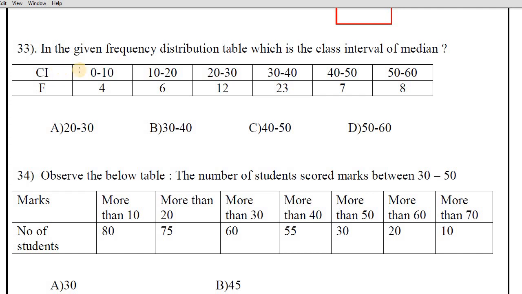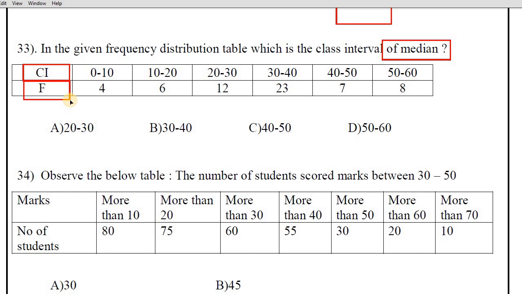Question number 33, children. In the given frequency distribution table, which is the class interval of the median? We need to find the class interval of the median. The same kind of problems they asked in the model question paper, children. Here the class interval is given, and the frequency is also given.